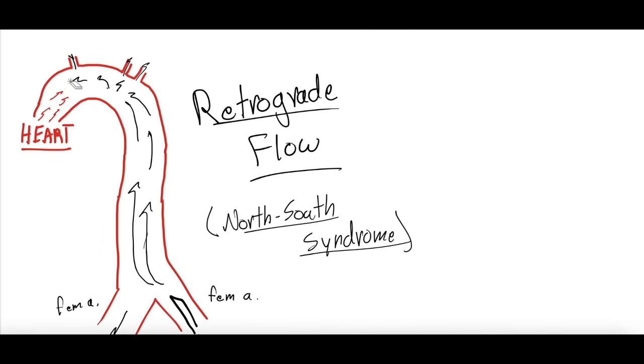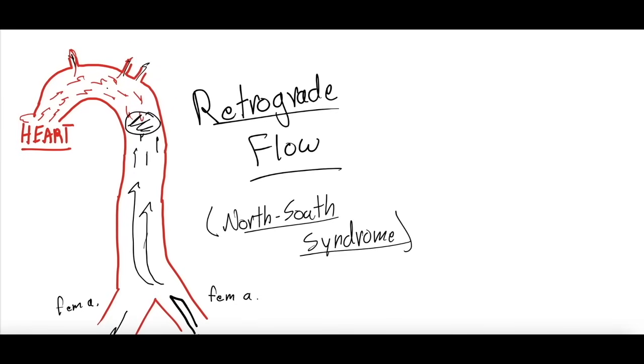But if you start to regain some native function in the heart, but the lungs aren't working, your heart is going to pump blood to, let's say, here, whereas the ECMO circuit only pumps blood to here, and this is where you kind of get the pooling. You are going to get the deoxygenated blood that the heart is pumping that is then going to travel to both the heart as well as the brain.